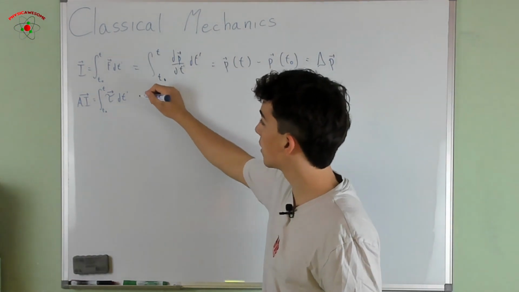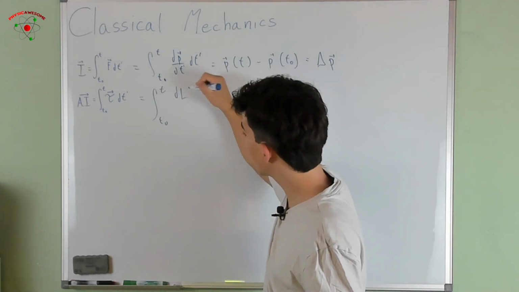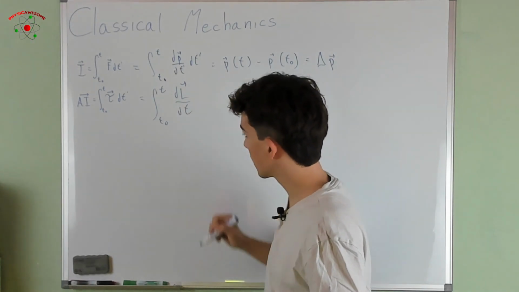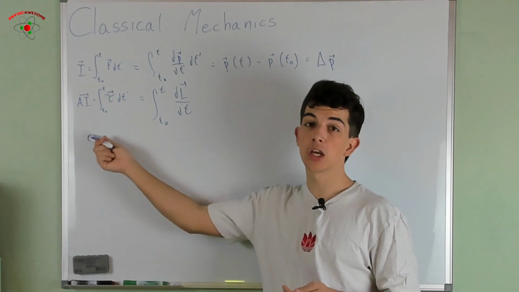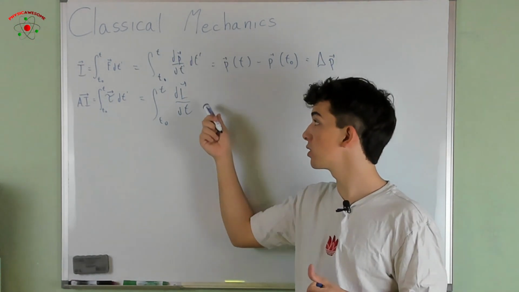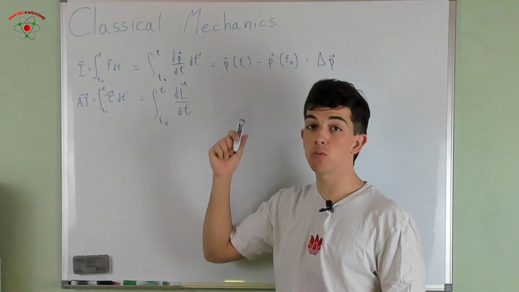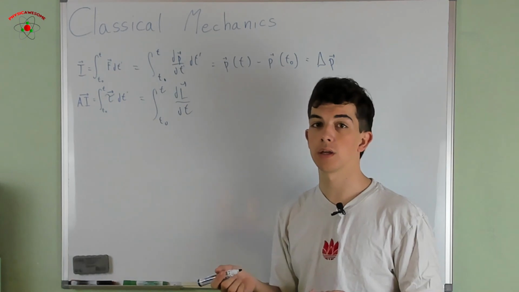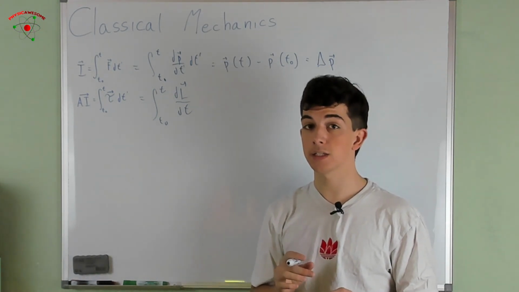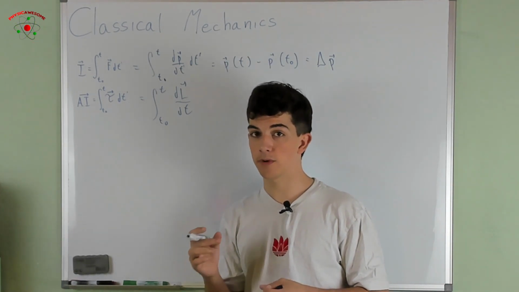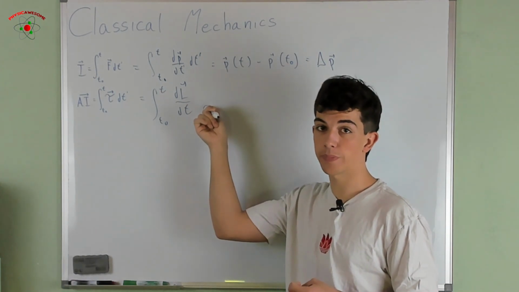Similarly, we have that this is equal to the integral from t naught to t of dL/dt. And we'll assume that we're in the center of mass reference frame, so that we don't have to take into account the axis of reference. If we weren't, and L was to depend on this reference frame, then the angular impulse wouldn't change, because a different reference frame alters L by a constant value.